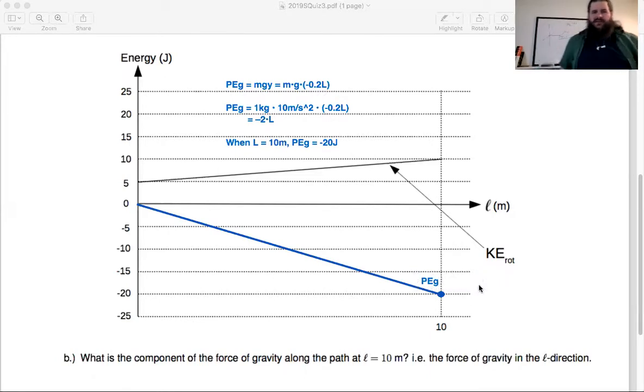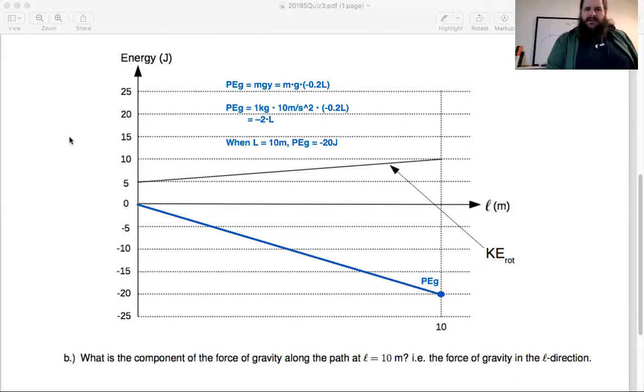So we've got a potential energy of gravity graph. We're given a kinetic energy rotational graph. And what else are we trying to draw in here? The translational kinetic energy. Yeah, we want a translational kinetic energy graph.